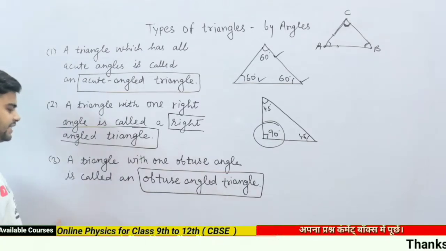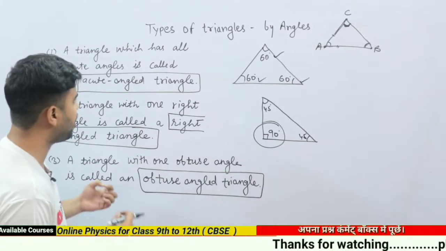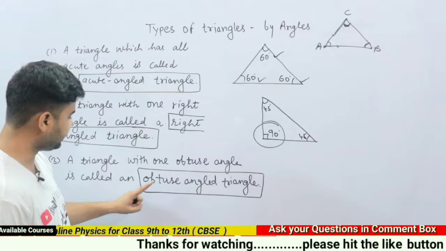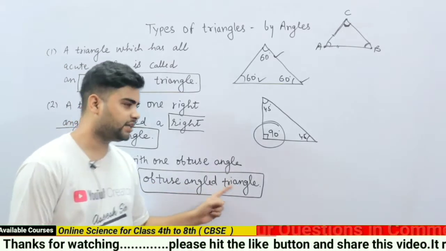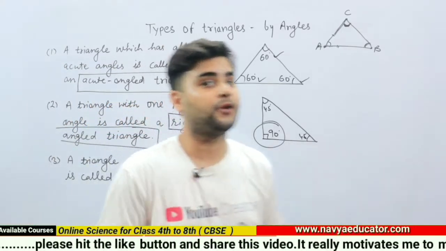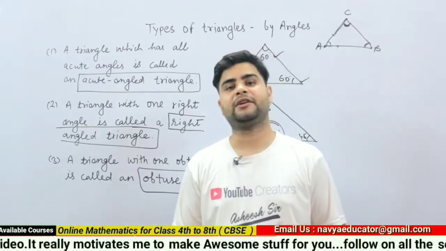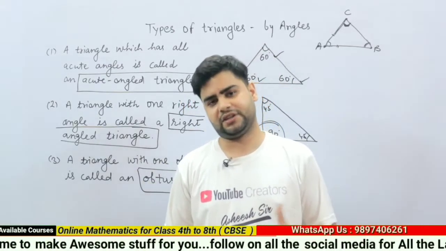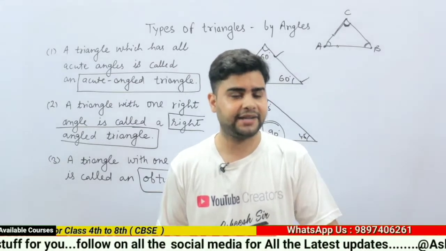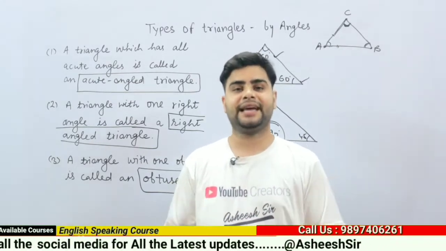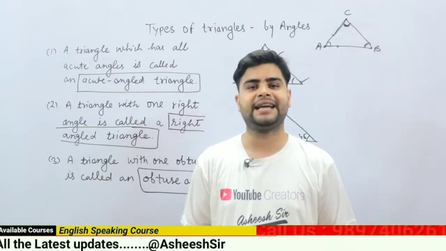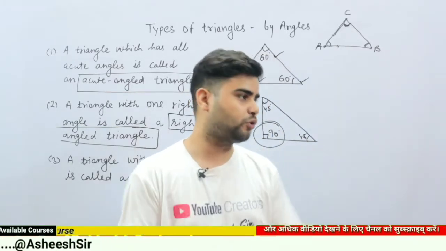Now student, we are discussing the last type of triangle. This is the obtuse angled triangle. You remember obtuse angle? I hope so. So student, if the measurement of any angle in a triangle is more than 90 and less than 180, then this triangle will be said to be an obtuse angle triangle.